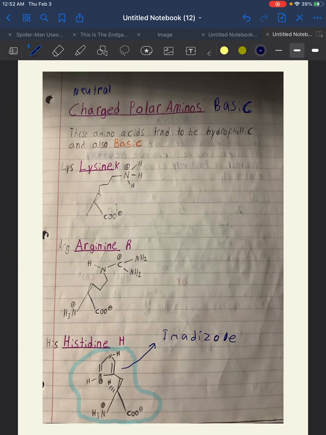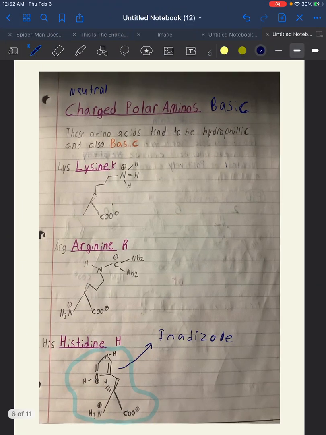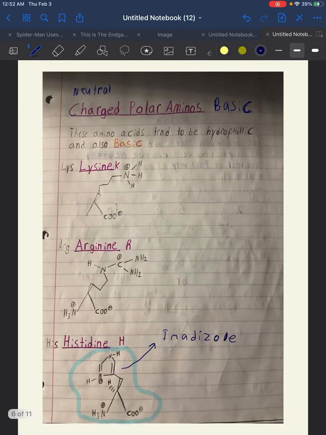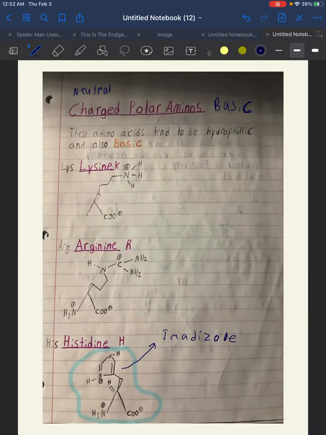Histidine, which on your practice exam is an actual problem, is positively charged at neutral pH. However, there is a special instance with histidine due to this imidazole side group that we will look deeper into further on in the lecture. But for right now, just know these are your basic polar amino acids. So these are still hydrophilic, water-loving. They are positively charged. These are the ones that would most likely form your electrostatic bonds, your ionic bonds, with other molecules, so that you could then utilize Coulomb's law to figure out the bond strength.